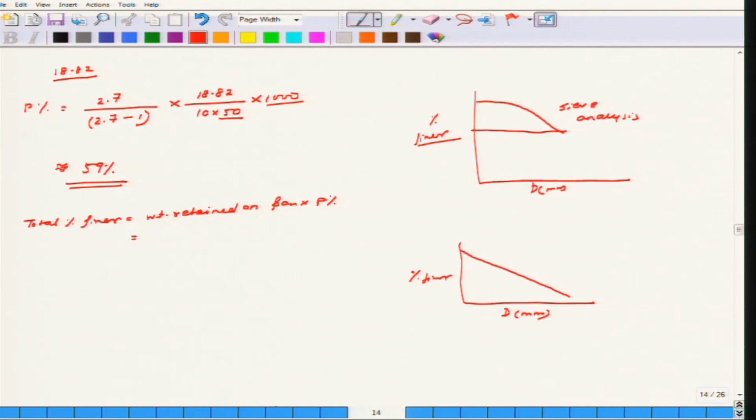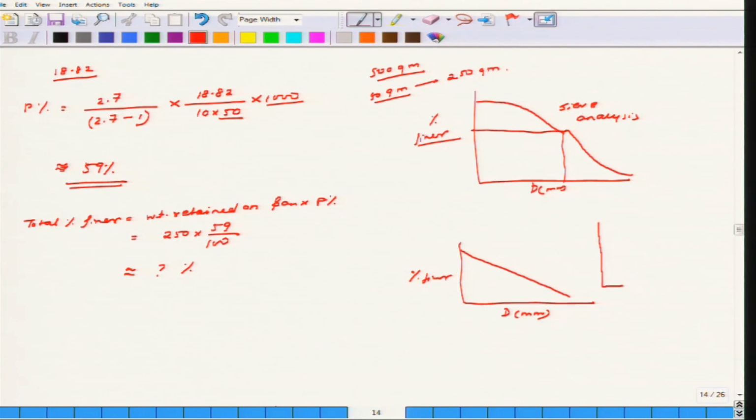Let us say that out of the entire volume you took 500 gram of sample, and out of that 500 gram you took only 50 grams. The weight retained on pan is, suppose, 250 gram. So the weight retained on pan is 250 gram into 59 by 100. The number that comes out is the total percentage finer, and that percentage finer should start from here.